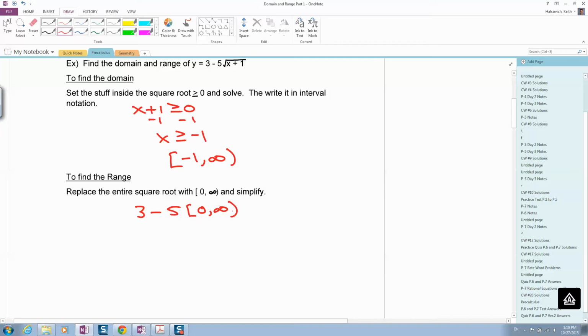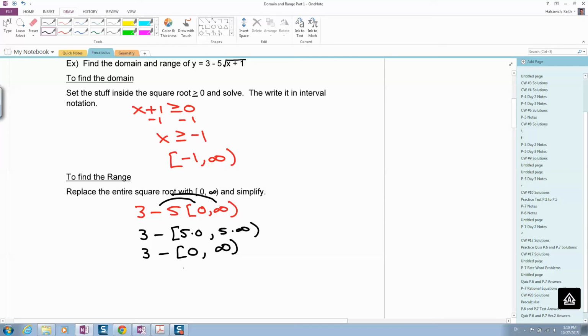So first you're going to distribute. Notice you're going to distribute the 5 in. So it's 3 minus 5 times 0 and 5 times infinity. Well, 5 times 0 is still 0. 5 times infinity is still infinity.